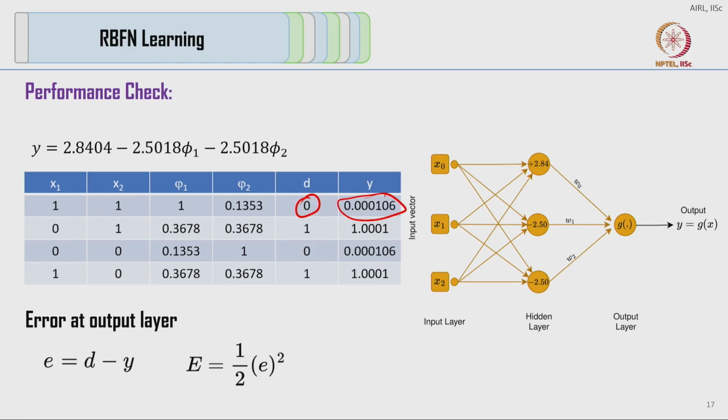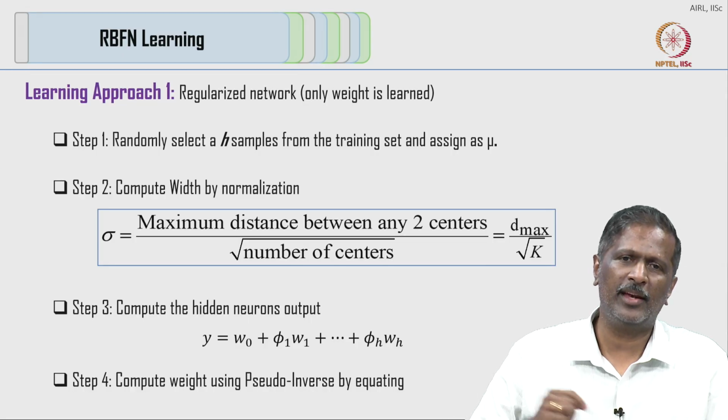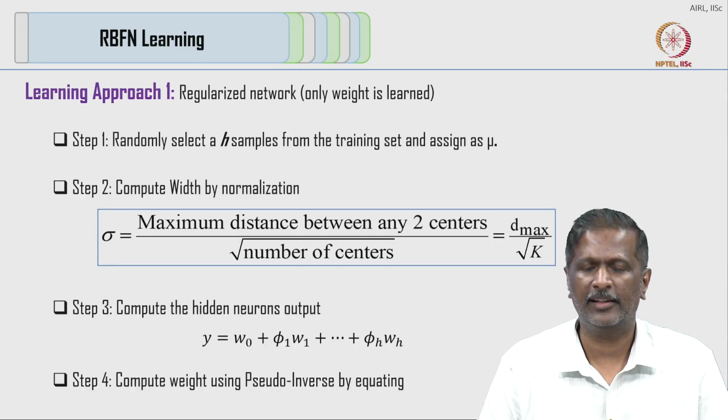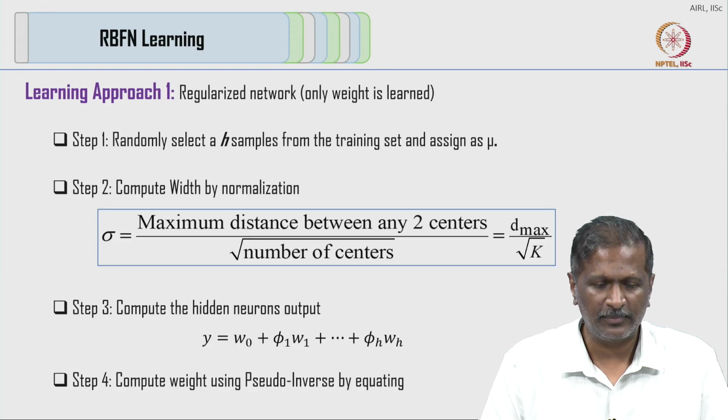Now the question: can I learn them automatically? Here we fixed, somehow I found out what mu and sigma are and what my W is. Can I learn them automatically? That is the question in front of us. There are various ways in which one can find it. Let us say I have n observation samples.